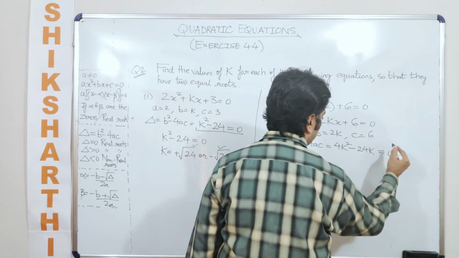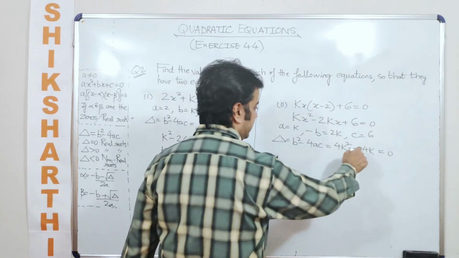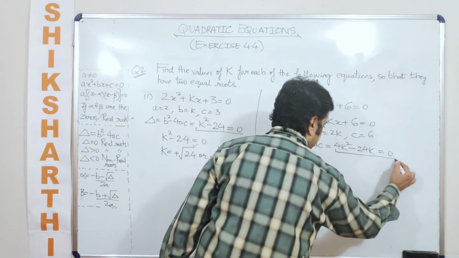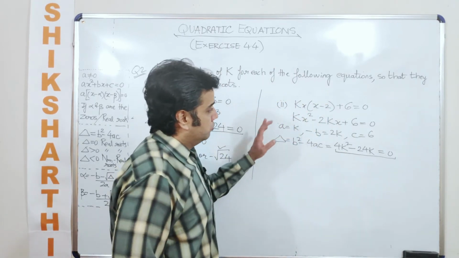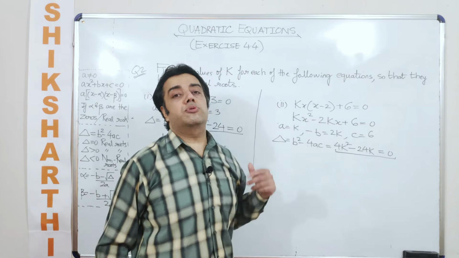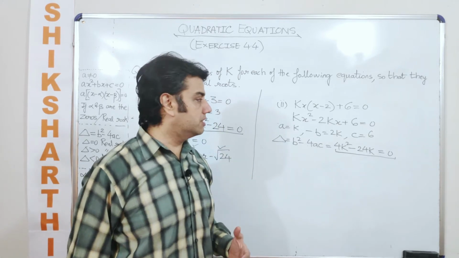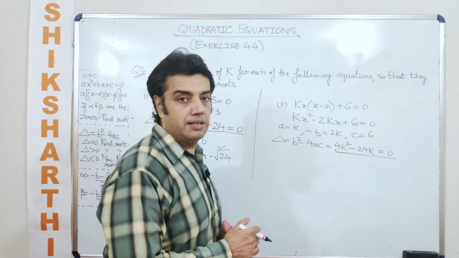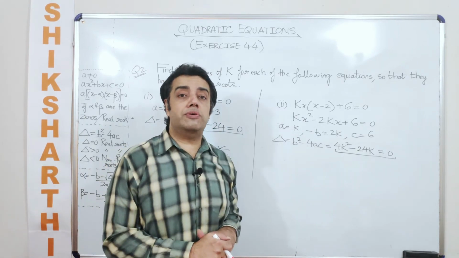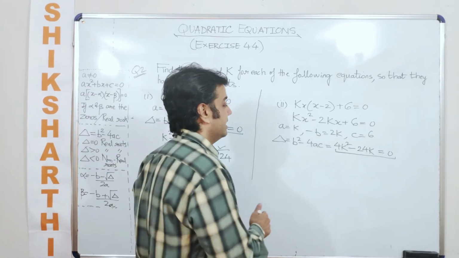Now this is already given to you as 0, right? So taking only this piece of information, you already had a quadratic equation, but the moment you started solving for delta, and the value of delta was already given as 0, you are again getting a quadratic equation in terms of another variable, and here the variable is k.